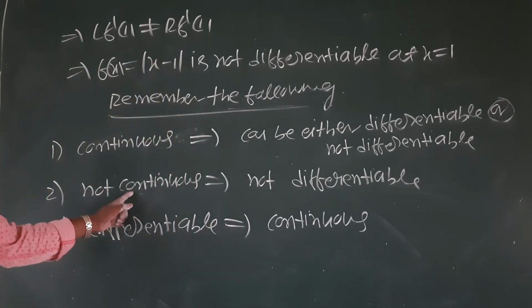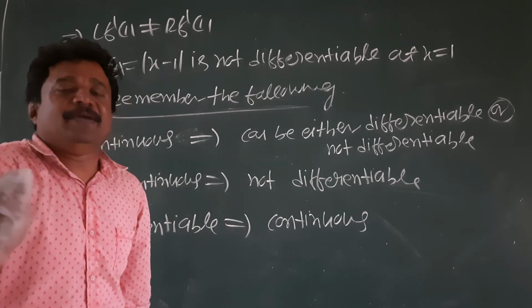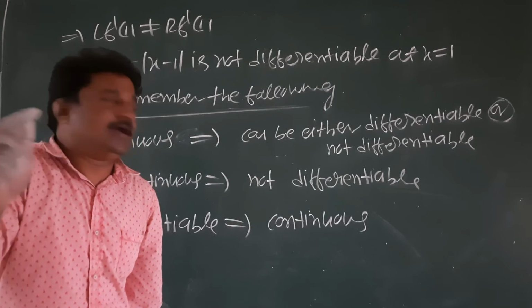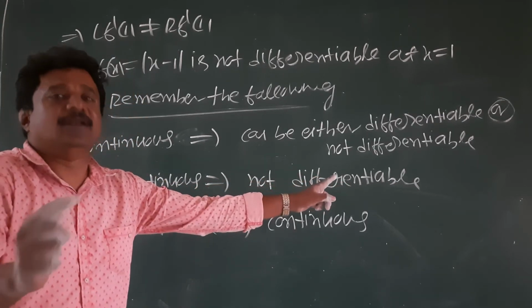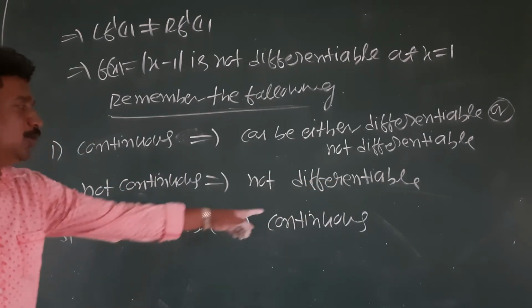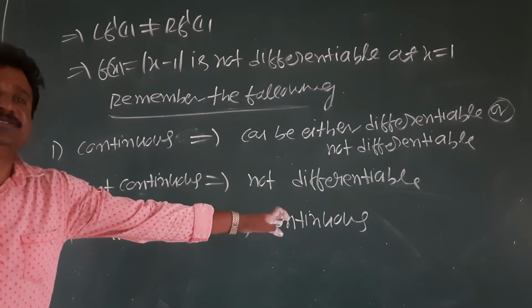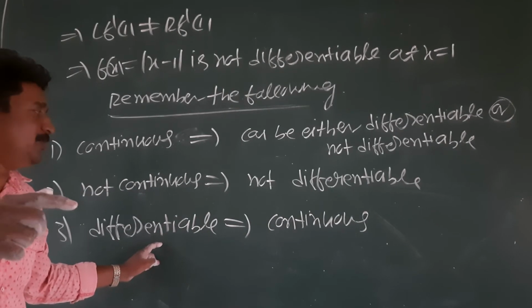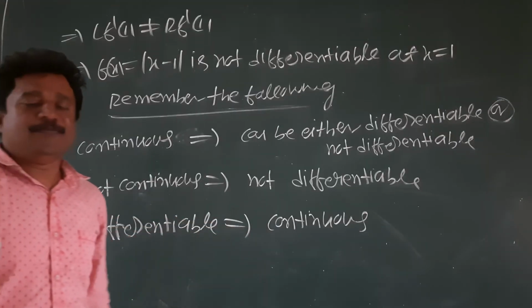Come to one more point, not continuous. If a function is not continuous, surely it is not differentiable. Come to the third point: if a function is differentiable, surely it is continuous. Differentiability implies continuity. If it is possible to differentiate the given function, surely it becomes continuous. I hope you understood, students.